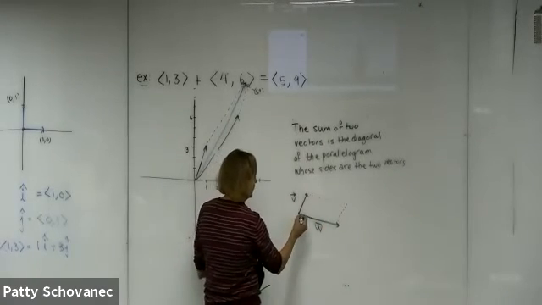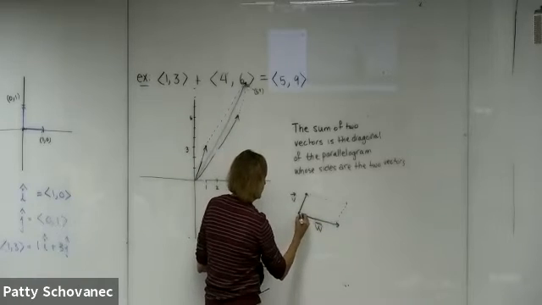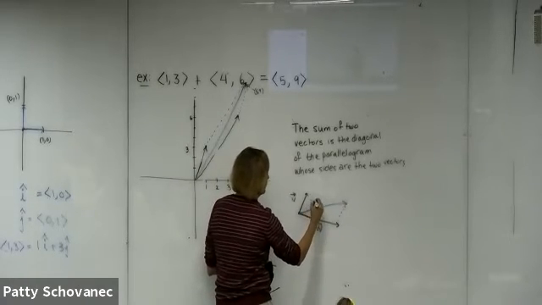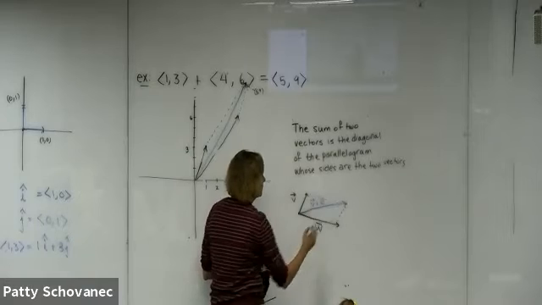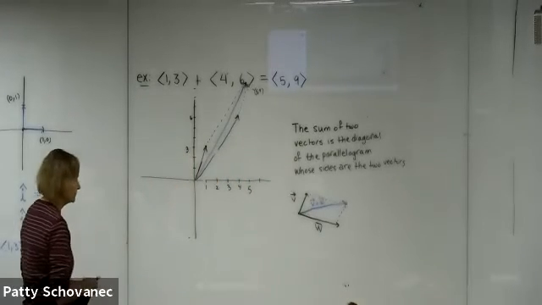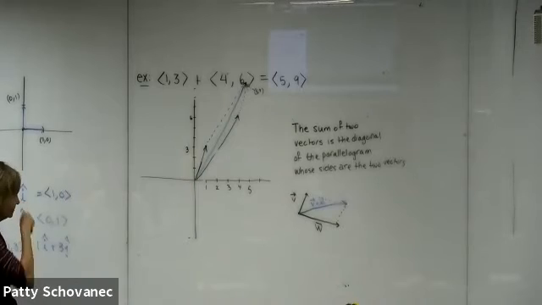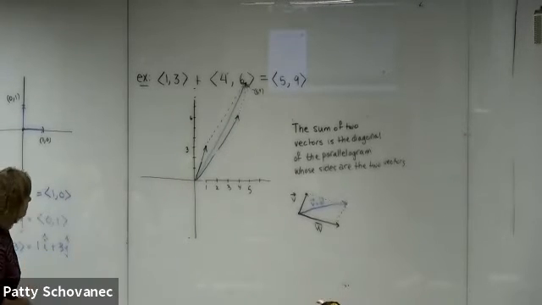And V plus W is that one. But they had to be going the same direction? What do you mean? On that one, they're both going at this angle. On our V and W, they're going at two different angles. The angle didn't matter. Just make the parallelogram.